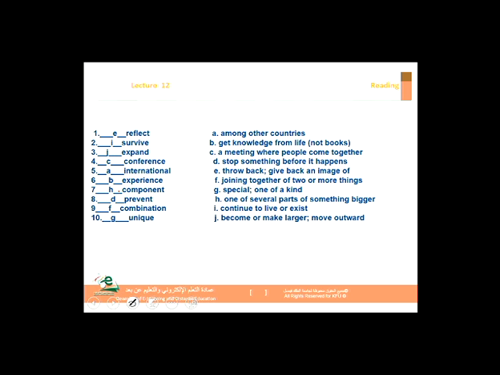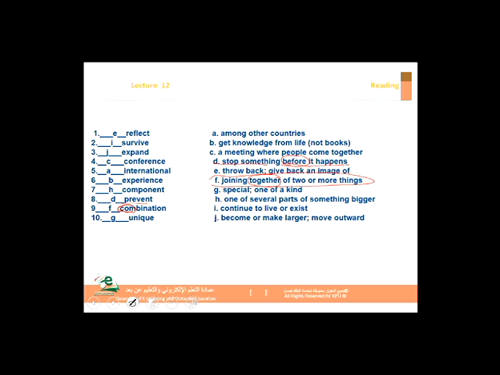So the correct answer is prevent, that's D, stop something before it happens. Can you see the link? Then we have combination, again com is F, joining together of two or more things. So together is the key word again. So combine, combination, put together.